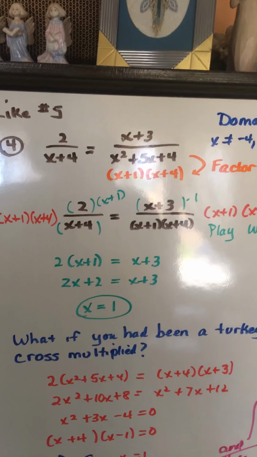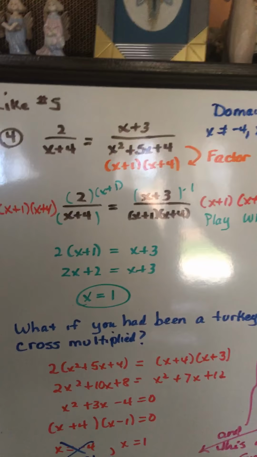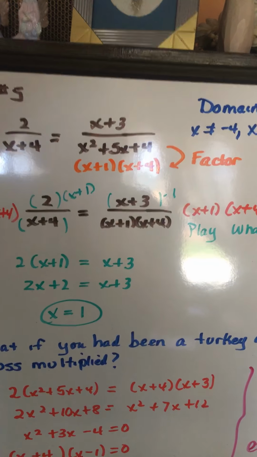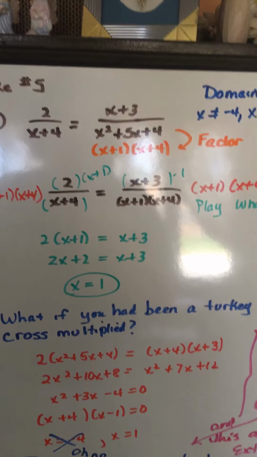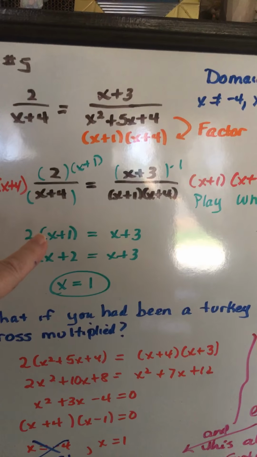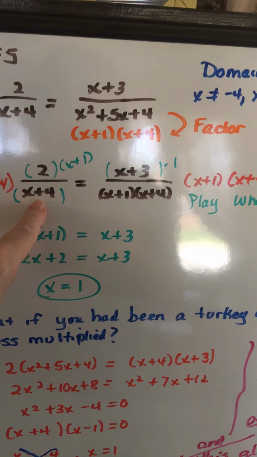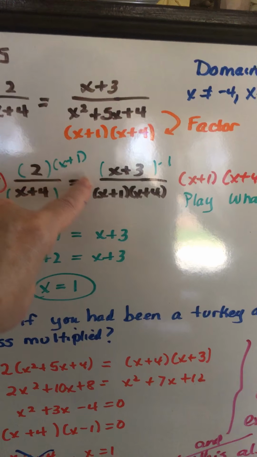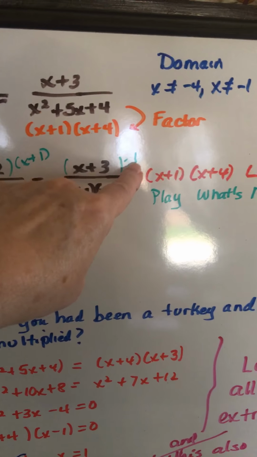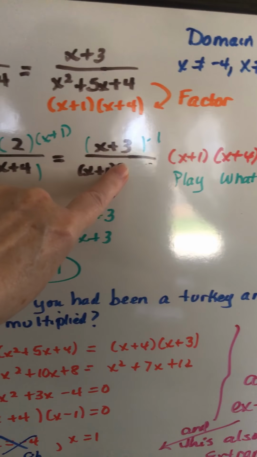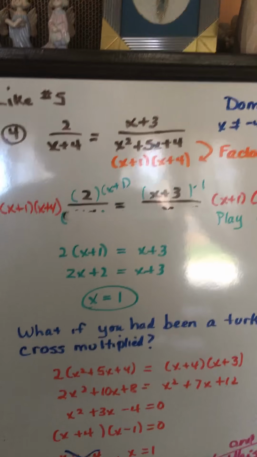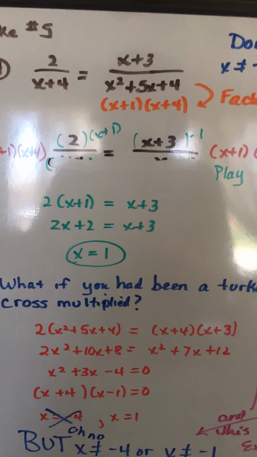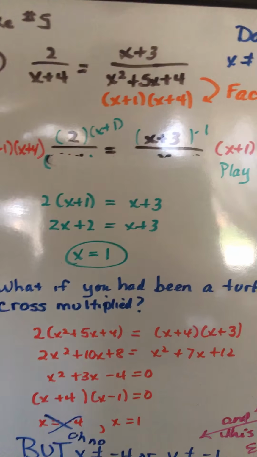Your teacher is going to go straight into what's missing. Books tell you to multiply. I think this is the last one where I actually show that. So x plus 4 needs x plus 1, and this denominator just needs times 1. If I just play what's missing, I'm going to distribute, solve, and I get 1.